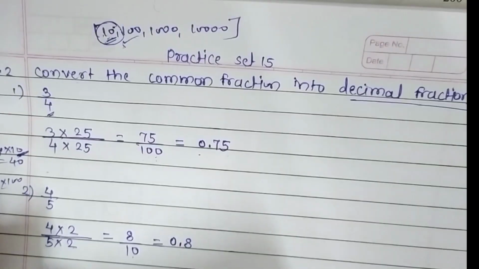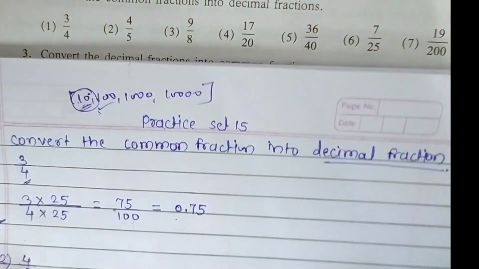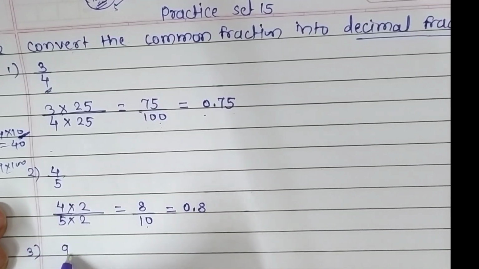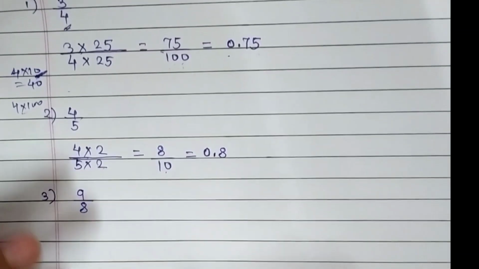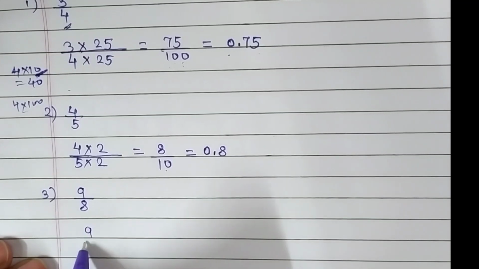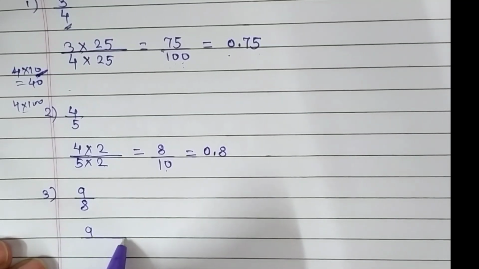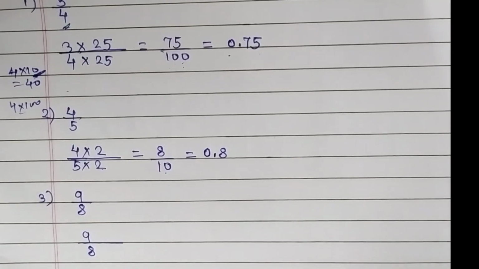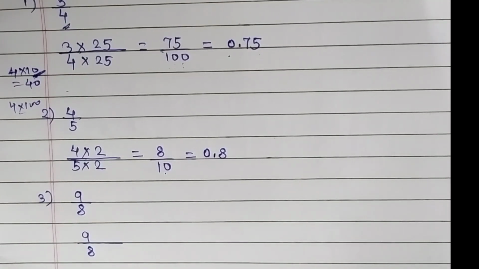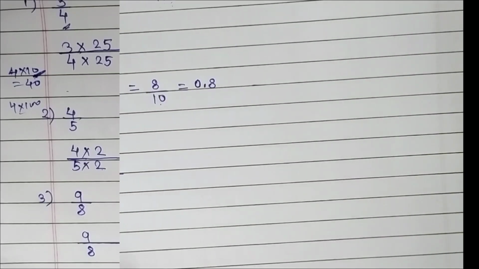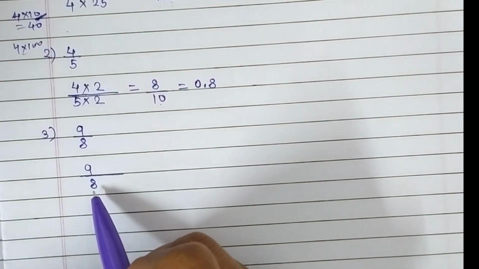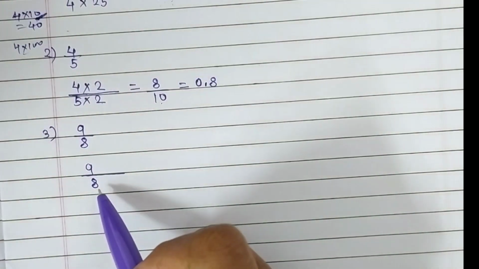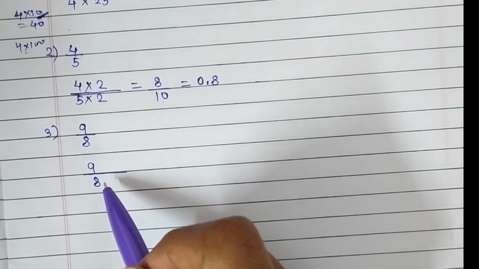The third question is 9 upon 8. Now think, by which number do we have to multiply 8 so we can get the denominator 10, 100, 1000 or 10,000? We can't get 10 by multiplying 8 by any number, or 100 either.